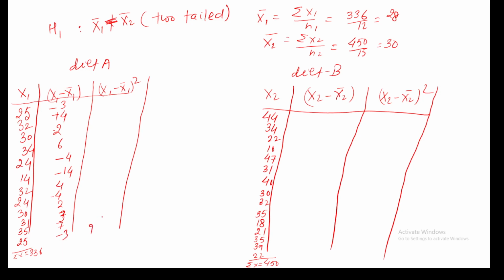We'll start with the squares: 9, 49, 9, 4, 16, 16, 196, 16, 36, 4, 16.